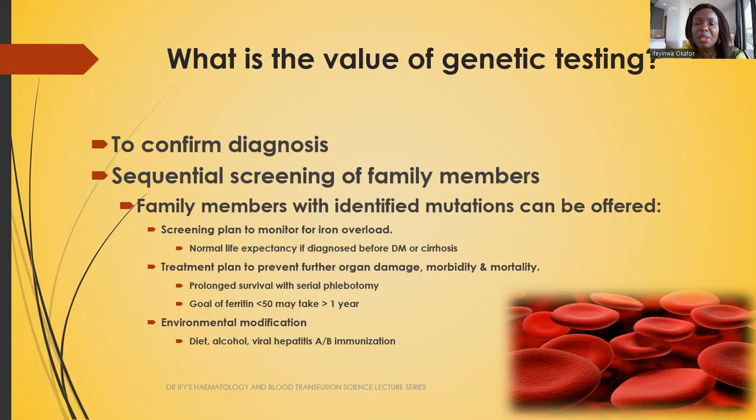Family members with an identified mutation can be offered a screening plan to monitor for iron overload, normal life expectancy if diagnosed before diabetes mellitus and liver cirrhosis, and a treatment plan to prevent further organ damage and morbidity or mortality, with prolonged survival with serial phlebotomy, trying to keep their ferritin level at around 50 micrograms per liter.